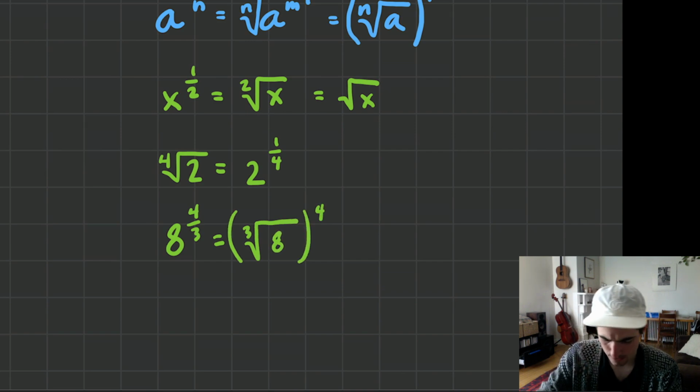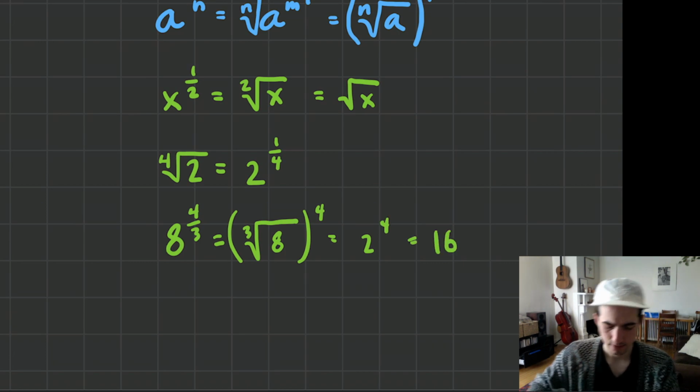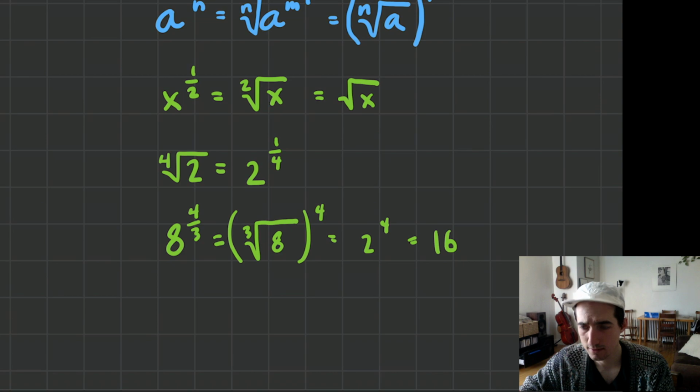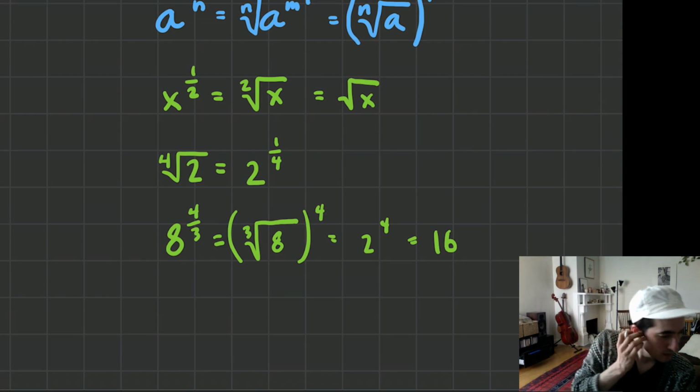That's cool. And look at that, we can simplify this. So the 3rd root of 8 is 2. So this is equal to 2 to the 4, which is equal to 16. So 8 to the 4/3, who'd have known? That's equal to 16. Isn't that funny?